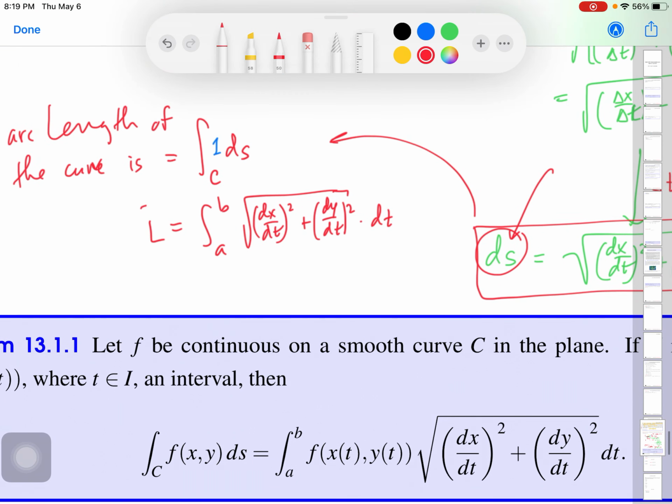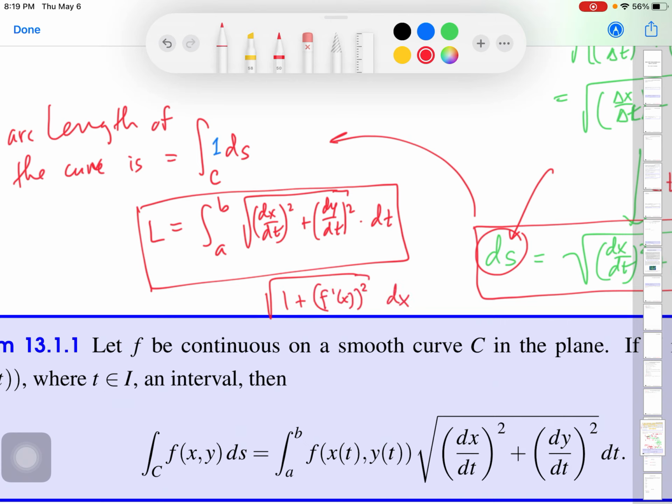So this is the formula that you probably saw in calculus 2 for the arc length of a curve. You might have seen it written a little differently. It might jog your memory more to remember it as the integral of the square root of 1 plus the derivative squared, dx. This is a specific parametrization when you're dealing with a curve of the form y equals f of x.